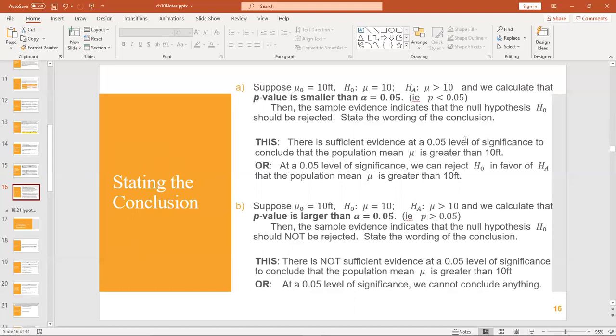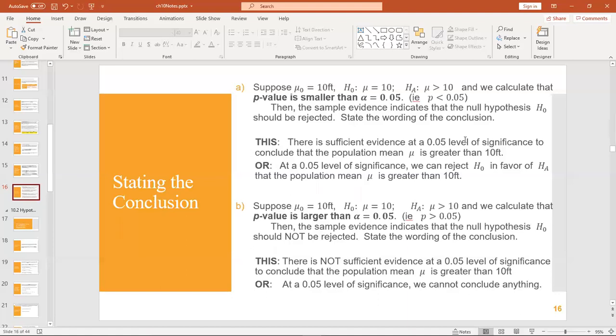Then our conclusion would be something along the lines of: there is sufficient evidence at the 0.05 level to conclude that the mean is greater than 10 feet, or at a 0.05 level of significance, we reject H0 in favor of HA, that the population mean is greater than 10 feet.